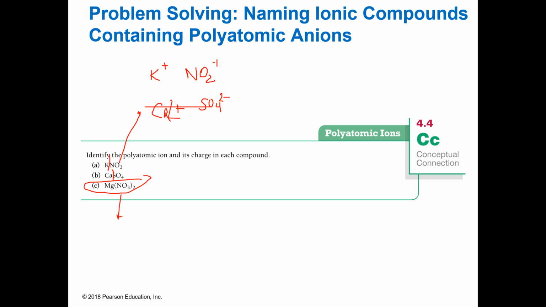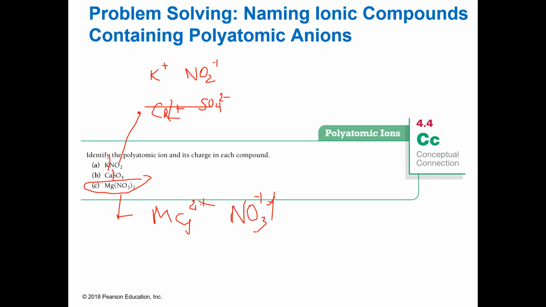But this one, we have magnesium. Magnesium's in group 2. And then you would take your chart, look up nitrate, and nitrate has a -1 charge.